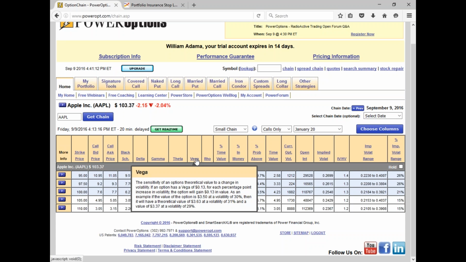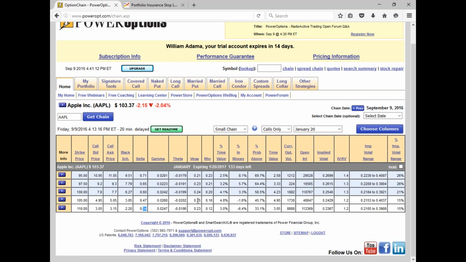Vega is similar, but it's what we would expect the change in the option premium to be for a 1 point change in implied volatility, or 0.10, okay? So we look at the implied volatility here for our 105 strike call for January. We have 0.2429, or some of you might call that 24.29% implied volatility for this option.